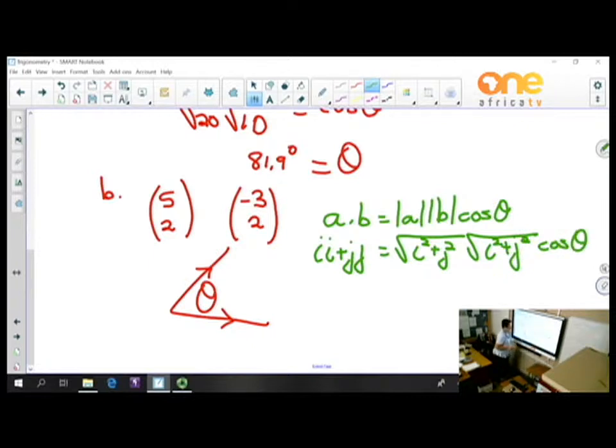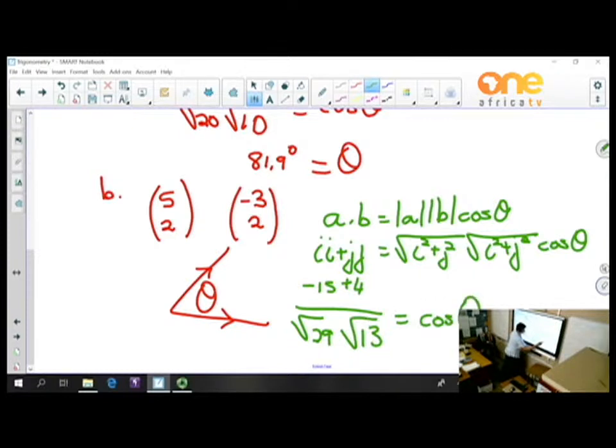And now we're going to do those calculations. 5 times negative 3 is then negative 15, plus 4, over 5 squared plus 2 squared gives me the square root of 29, and negative 3 squared plus 2 squared is the square root of 13, is equal to cosine theta. And now we can do the calculation.